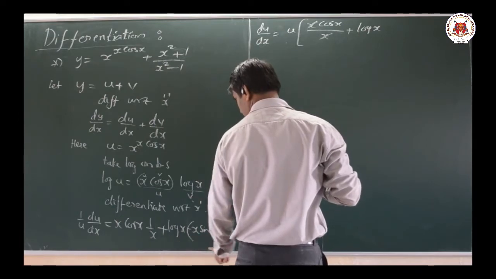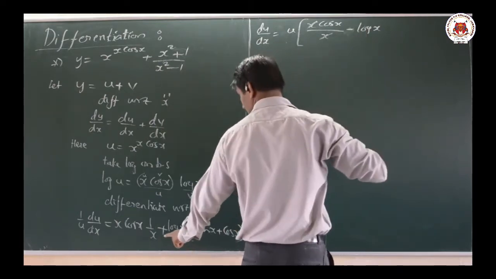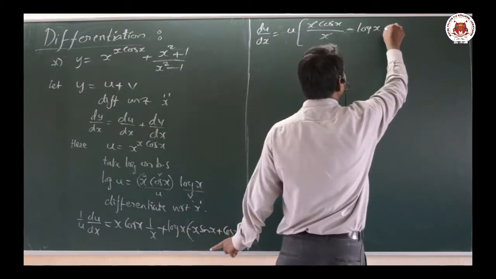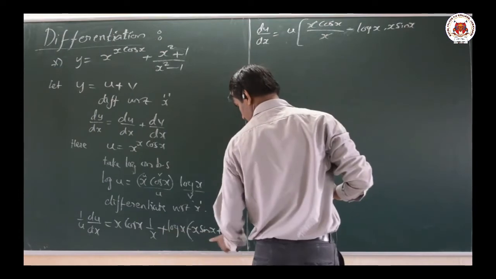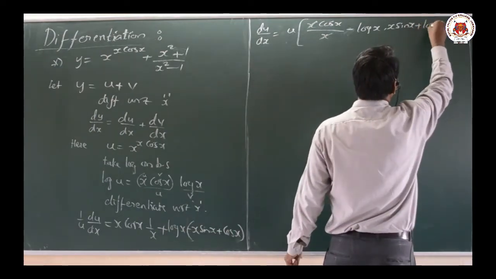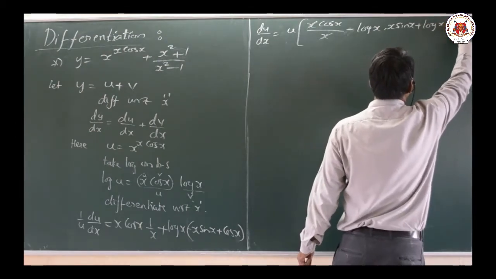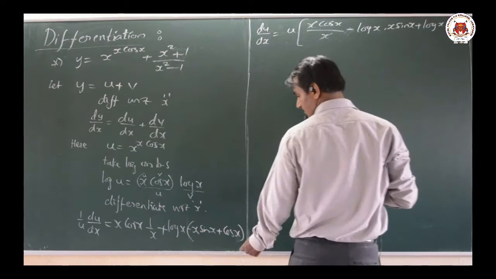I will just multiply it by log x. So what we get? Plus into minus, minus sign here, log x into x sin x. Then here plus of plus, that is plus of log x into cos x. That is the required form here.